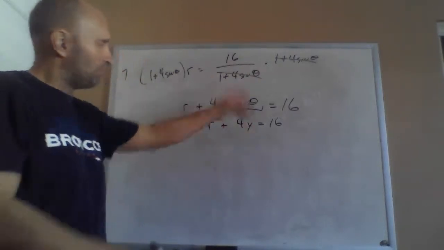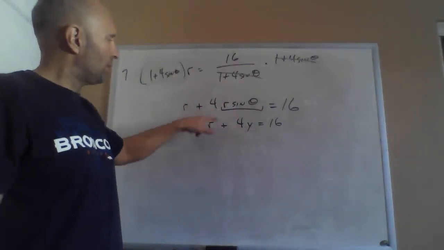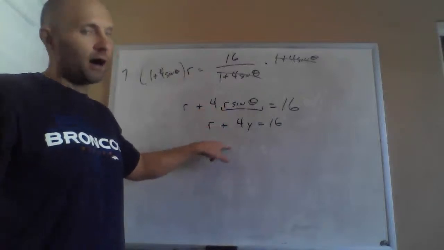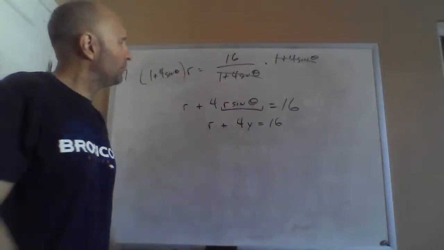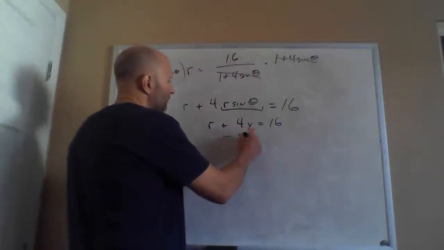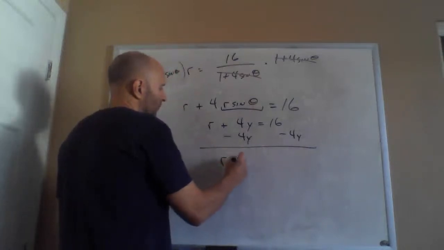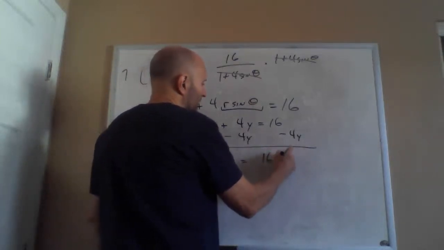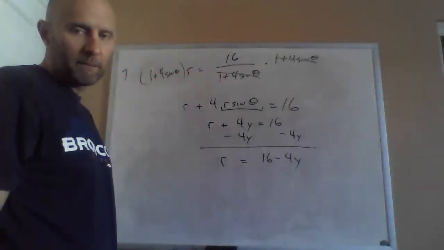If I square both sides at this point, I'm going to end up with a middle term of 8ry. And that just makes the thing messier. So the trick with this problem is I need to first subtract 4y. So I get r equals 16 minus 4y. Does that make sense to everybody?